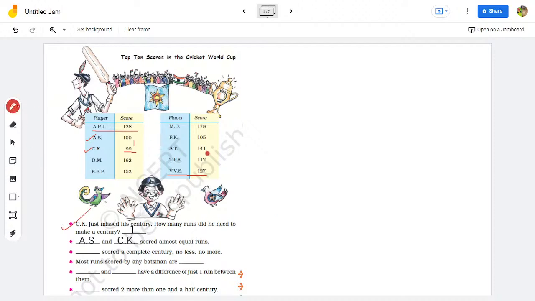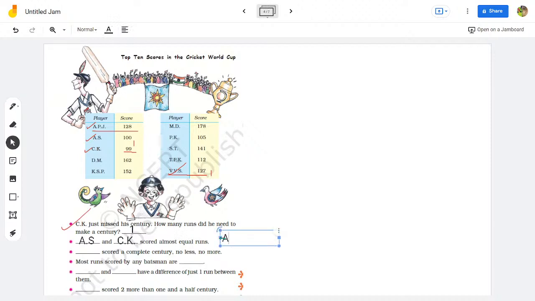And if we talk about APJ and VVS, they have a difference of just 1 run. So we can write APJ and VVS as well.